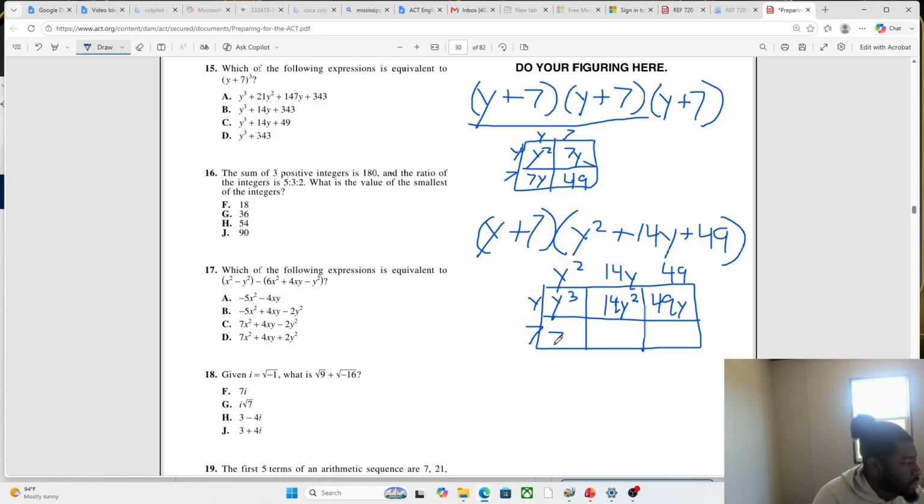Y squared times 7 is 7y squared. 14y times 7, don't let me lie to you, is 98y. Make sure you're working along with me if you haven't already solved it. 49 times 7 is 343.